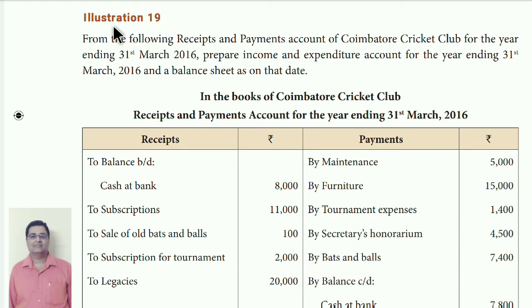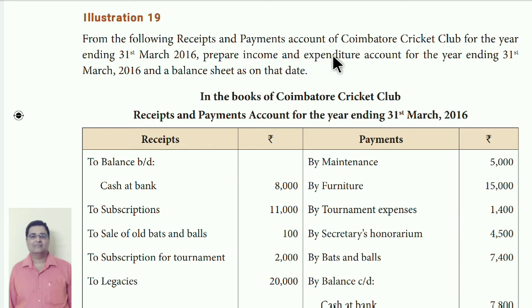Class 12, illustration 19, page number 64. Today we are going to discuss a very important sum of 5 marks. In this sum, the capital fund is not given. If the capital fund is not given, we have to prepare the opening balance sheet. To find the opening capital fund, the opening balance sheet should be prepared. So in this sum we have to prepare 3 accounts.